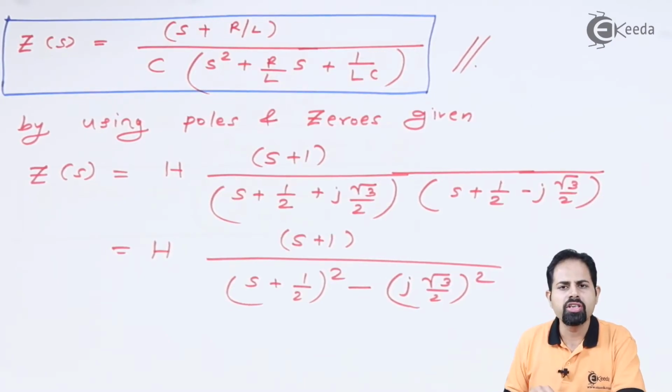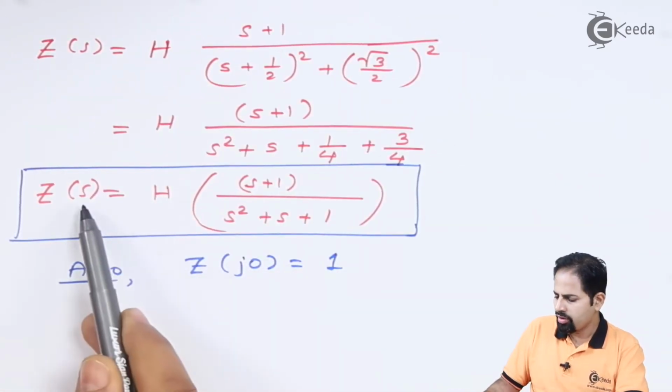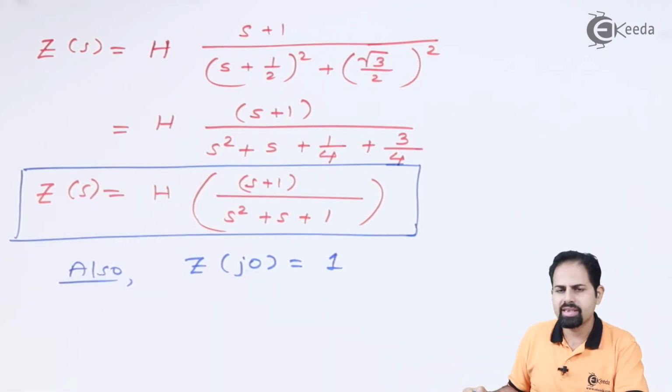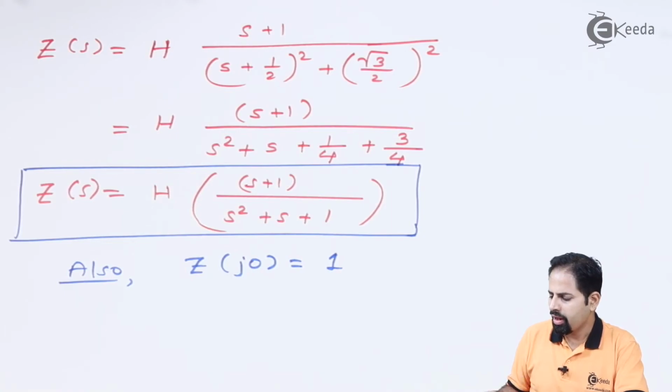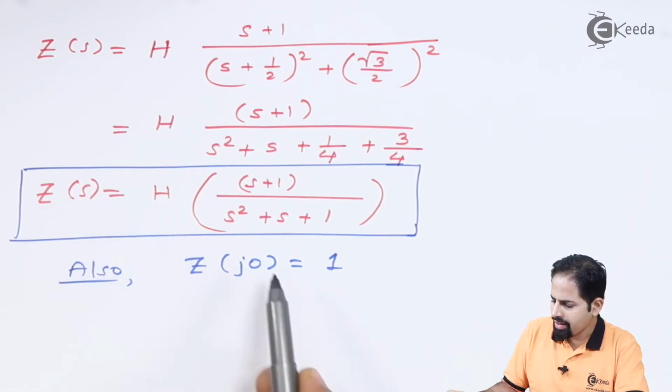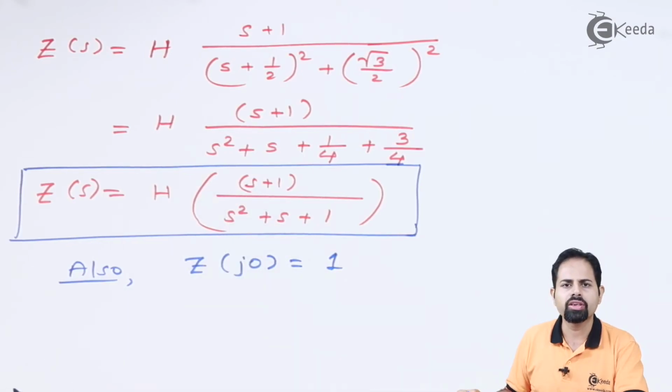One more piece of information is given that Z of j0 is equal to 1. So instead of this s, if we put j0, this becomes 1. That means s is equal to 0. So wherever you find s, you have to substitute s equal to 0.